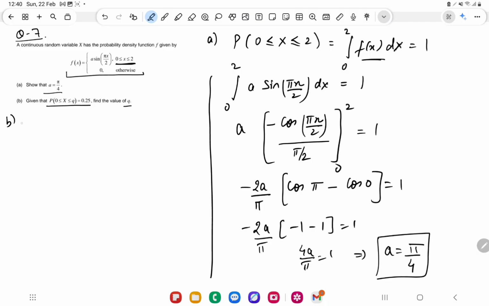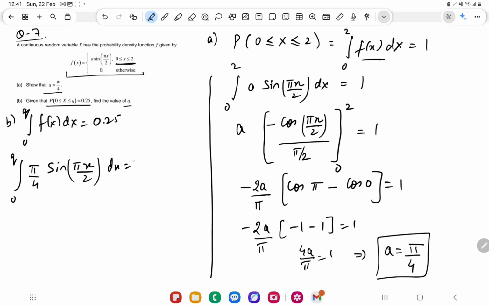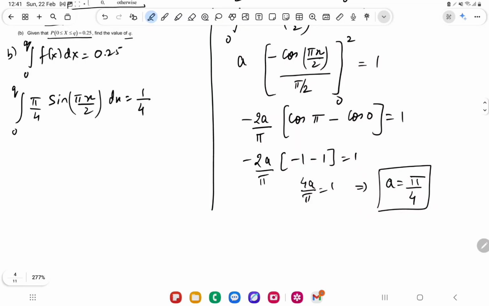So I will again be using the same thing. Integration from 0 to q of f(x) dx will be equal to 0.25. So it becomes 0 to q. Now I can use my a value as pi by 4. So I can write pi by 4 sin(pi x by 2) dx, and this 0.5 I can write as 1 by 4.